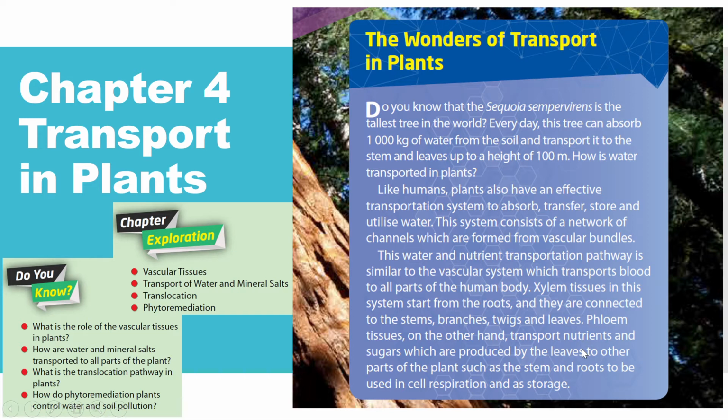So when we describe the direction of these organic substances, it is from the leaves to other parts of the plants, such as the stem and the roots, and they will be used for cellular respiration as well as storage. So we're talking about the organic substances, the glucose, the sugar.